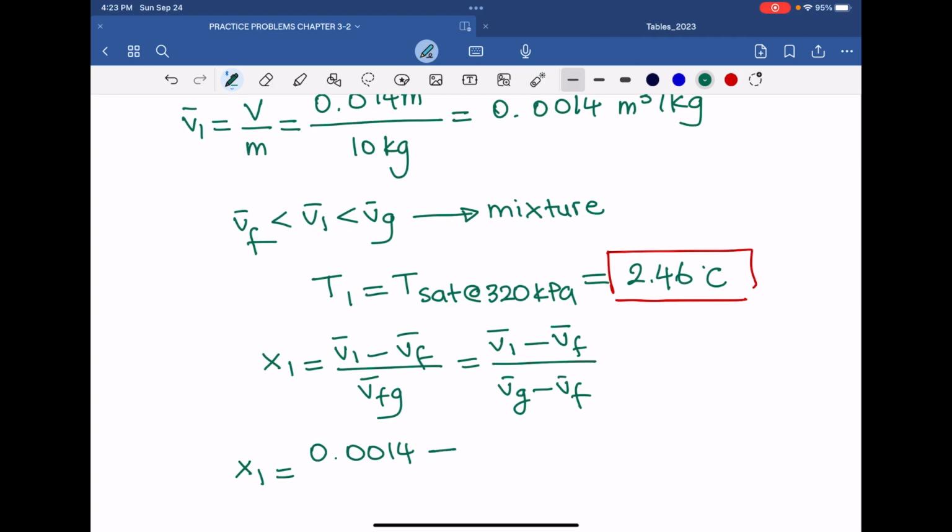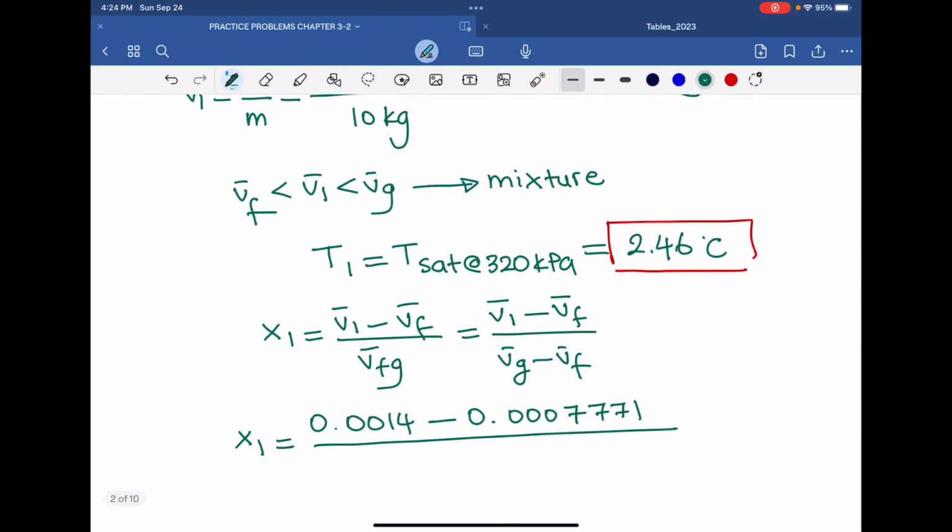This was our mixture's specific volume. This Vf is what we read from the table, and Vg and Vf we also read from the table.